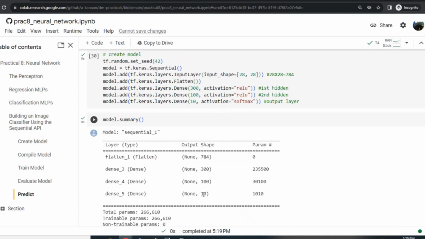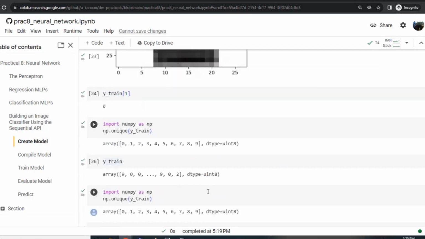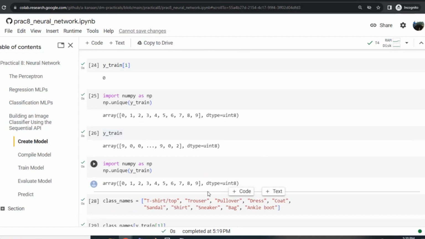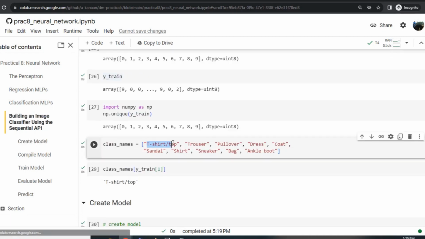You remember here, we had 10 neurons. Each neuron represents one class. In other words, the first neuron represents t-shirt. The second neuron, trouser. The third neuron, pullover. The fourth neuron, dress, and so on and so forth. Is it clear? So we have a total of 10.